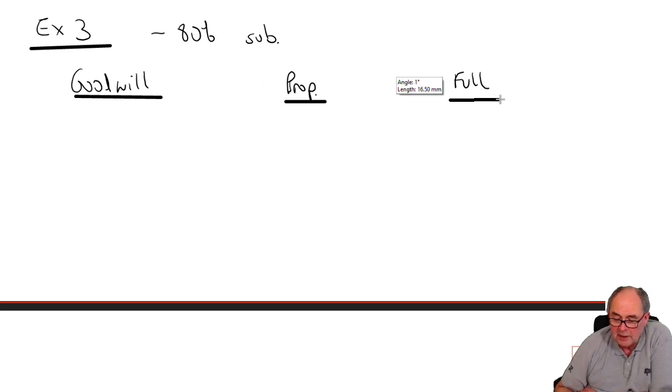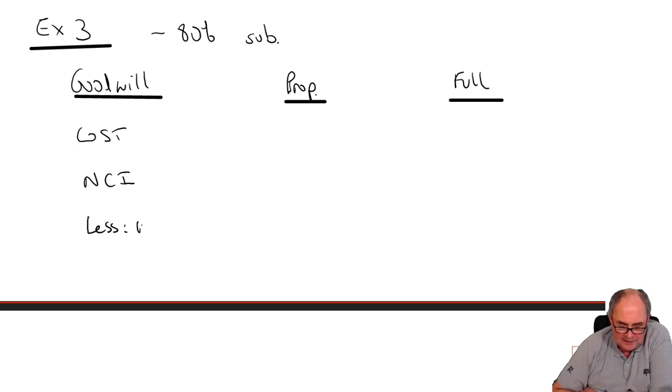Whichever method of goodwill you're using, the pro forma is the same. Cost plus NCI less net assets. Pro forma first, and then we attempt to fill the pro forma in.